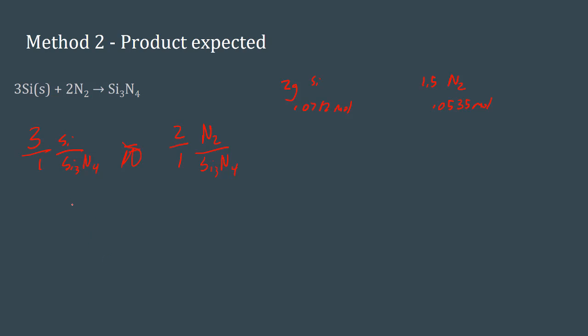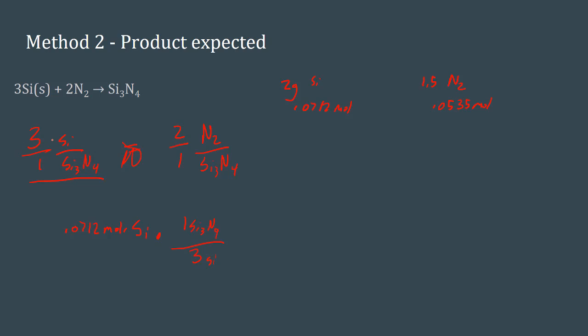So if we're actually trying to figure out how much Si3N4 we're going to get with each one of these, we're going to say, okay, well, let's say we start with 0.0712 moles of Si. And we want to get that to Si3N4. So we take our conversion factor, our mole ratio. I want silicon to cancel, so I have 1 Si3N4 over 3 Si.